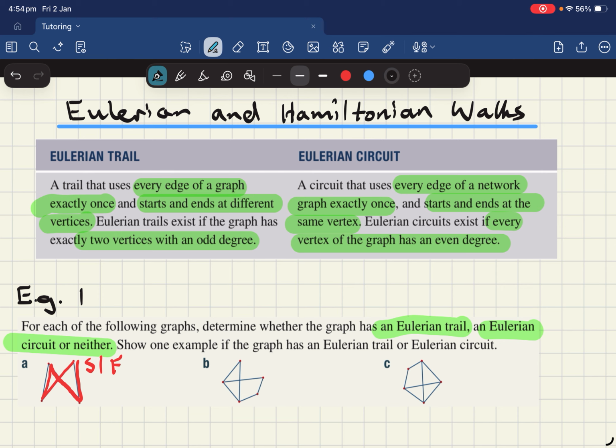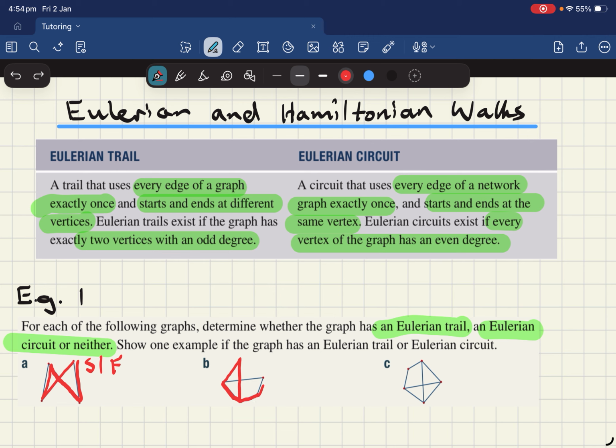So we're using every edge of the graph exactly once, and we're going to start and end at different vertices. So I'll start with this top one. So going here. Oh, let's try this again. I want to use every edge, and I want to start and finish at different vertices. So just one moment.